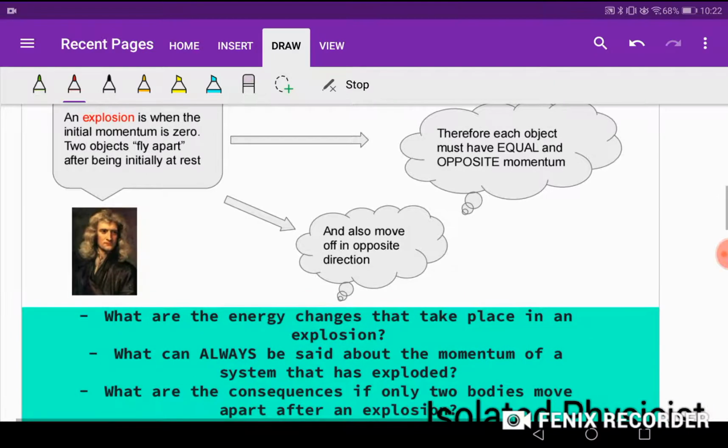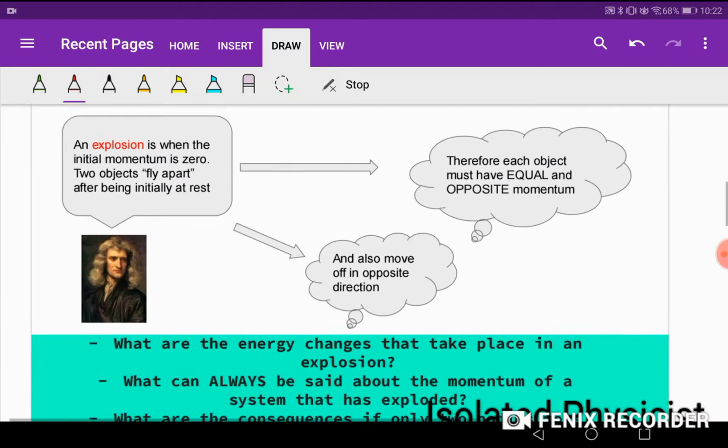Right, so what is an explosion when we're talking about it in a physics context? An explosion is when the initial momentum is zero and the two objects fly apart after initially being at rest. I'll just draw a circle and a square.